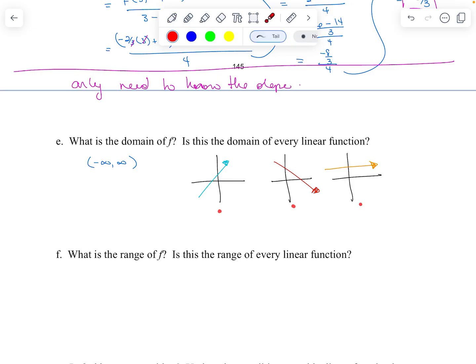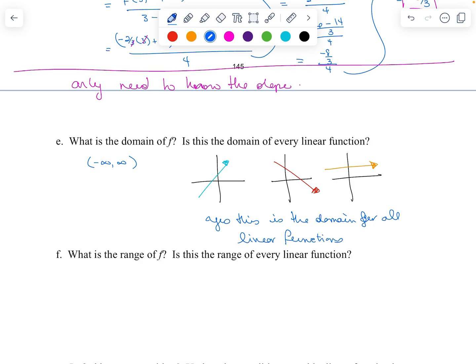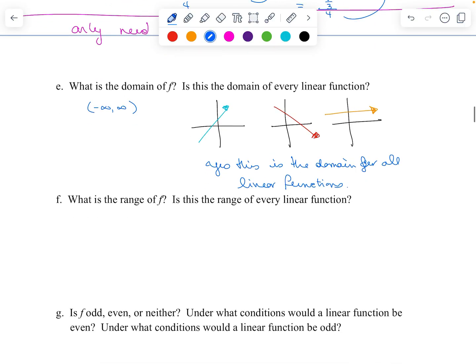As you can see, they are going to cover left and to the right, all values. Okay. For all linear functions. There we go.